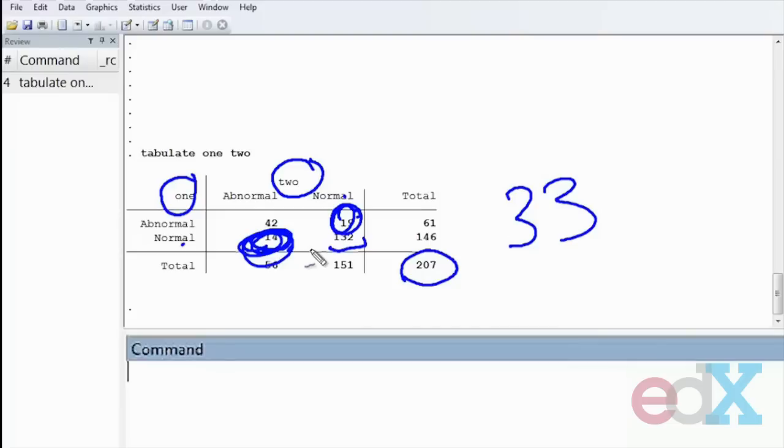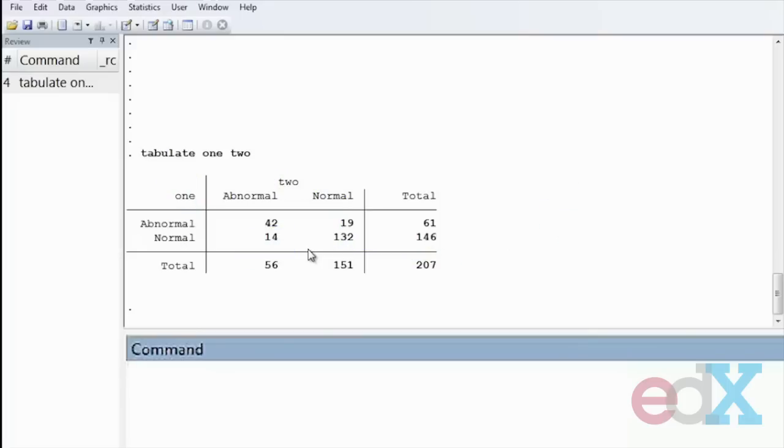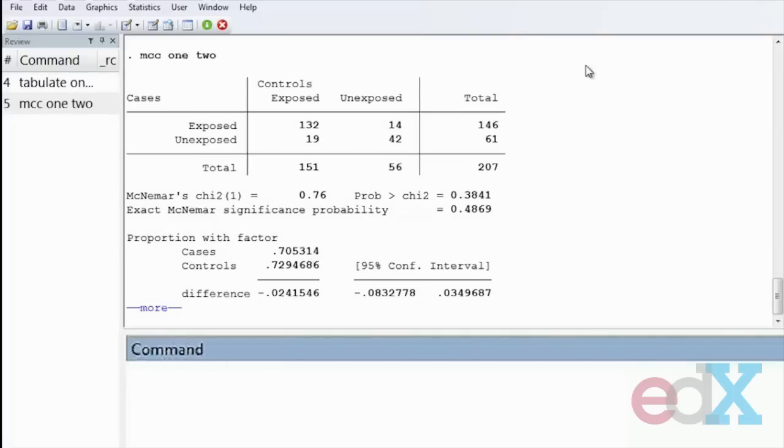So we're going to carry out McNemar's test with alpha equals 0.05. The command for this is mcc, so you're going to want to type in mcc 1, 2. As you can see, you get this nice table that says cases and controls.